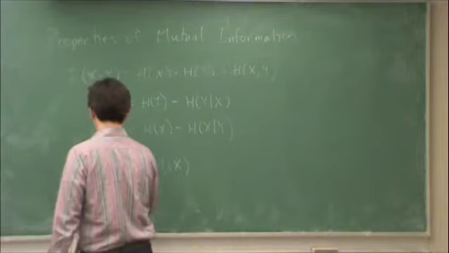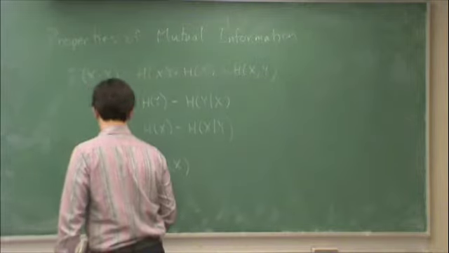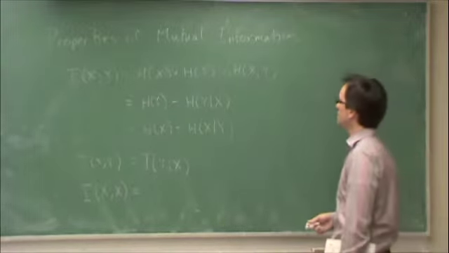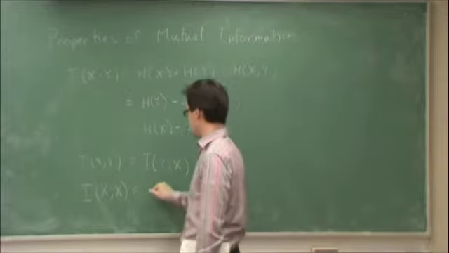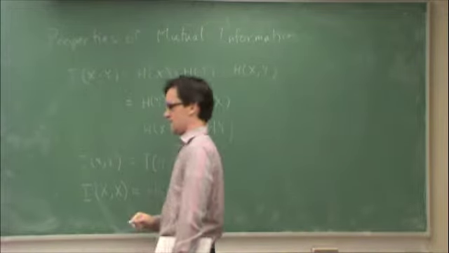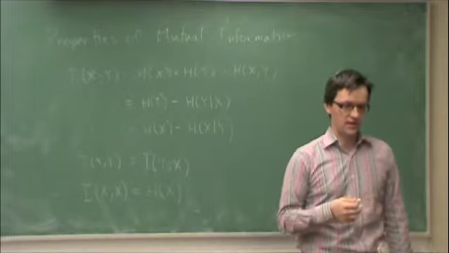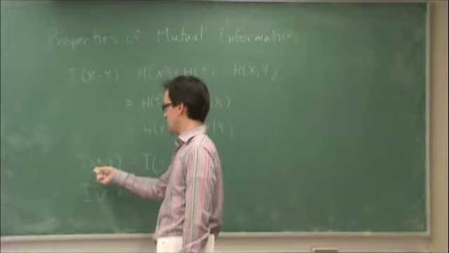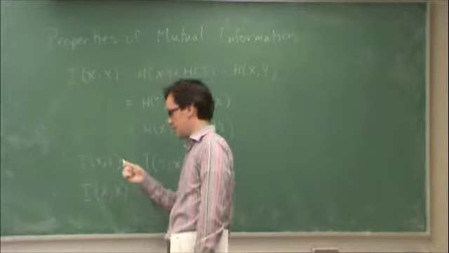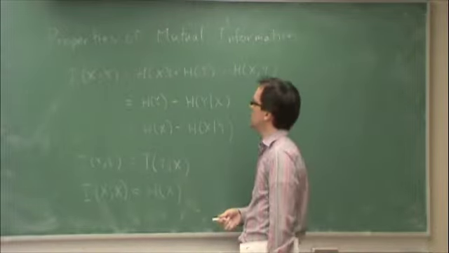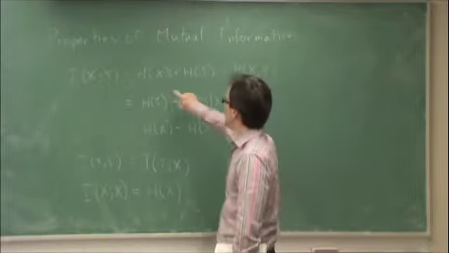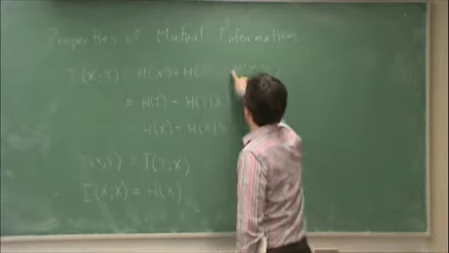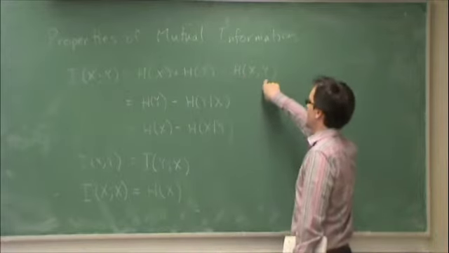Okay, what's the mutual information between x and itself? What do you suppose that would be? Let's look up here. It's H of x, that's right. One way to think of that is that it's what we just proved in the example, the mutual information between x and y, where y equals x, which was equal to H of x. But you can also show it up here: entropy of x plus entropy of x minus the joint entropy between x and itself.